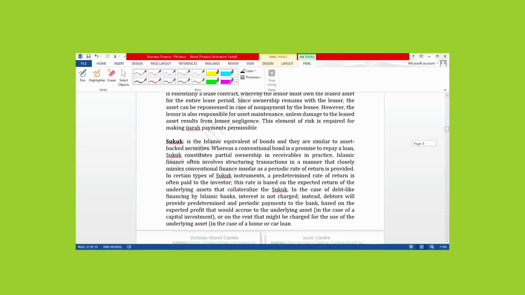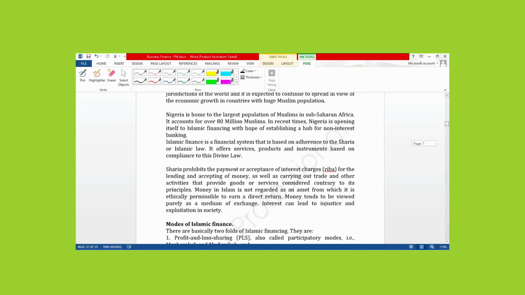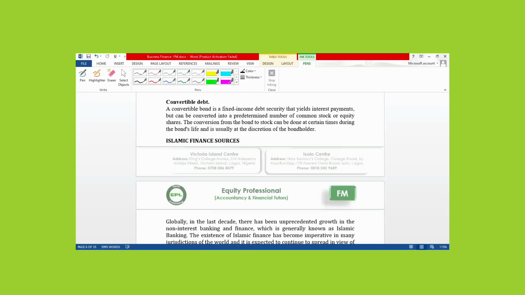Let's summarize Islamic finance. I think for most of us, regardless of our religion, we are used to Islamic financing. We have Jaiz Bank, we have Lotus Bank, we have Summit Finance.